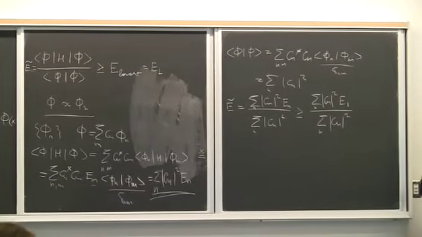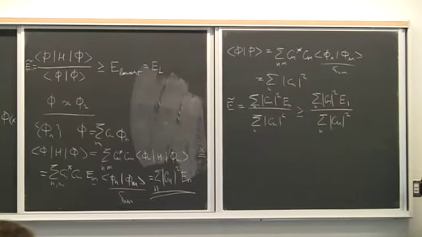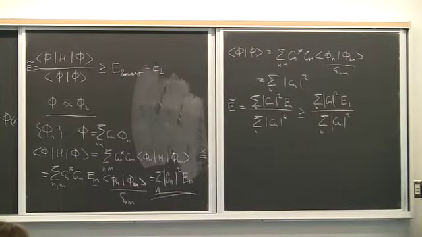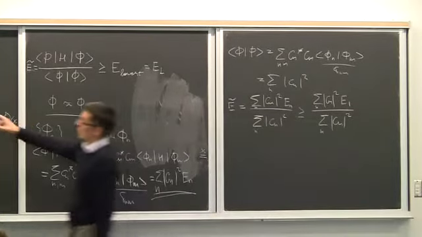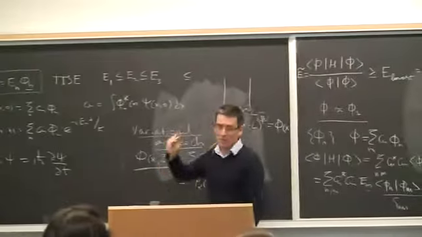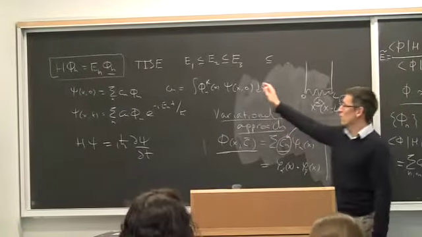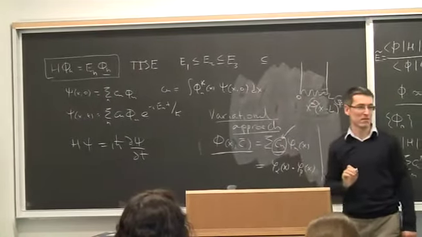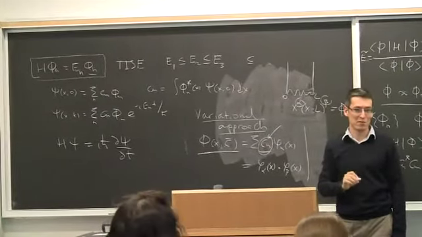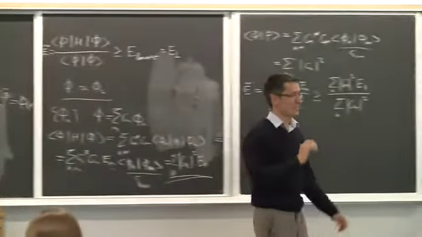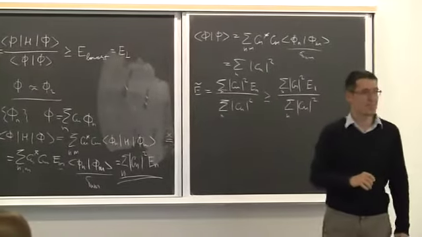If the energies are always non-decreasing. Mathematically speaking, this condition is not the condition that energies are increasing. This is a condition that energies are not decreasing. Mathematically, there is a difference between non-increasing and decreasing, right?